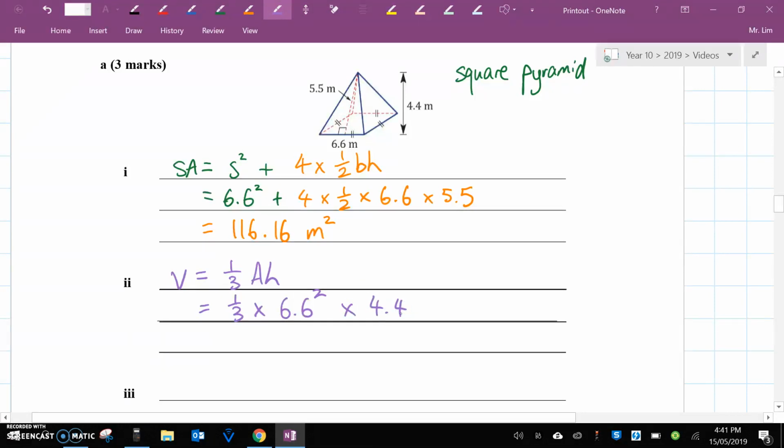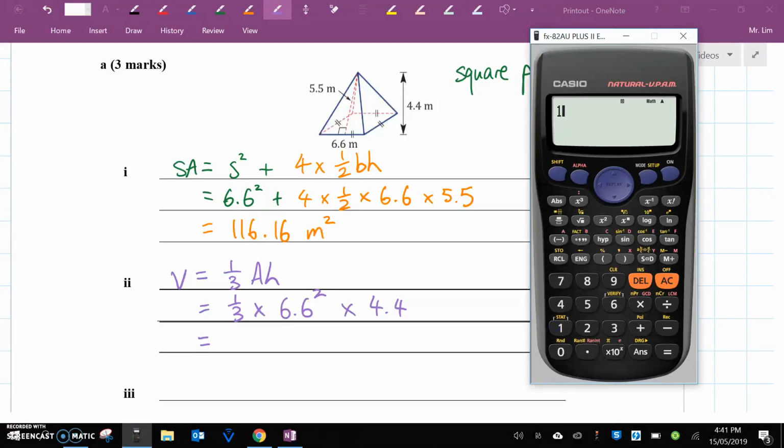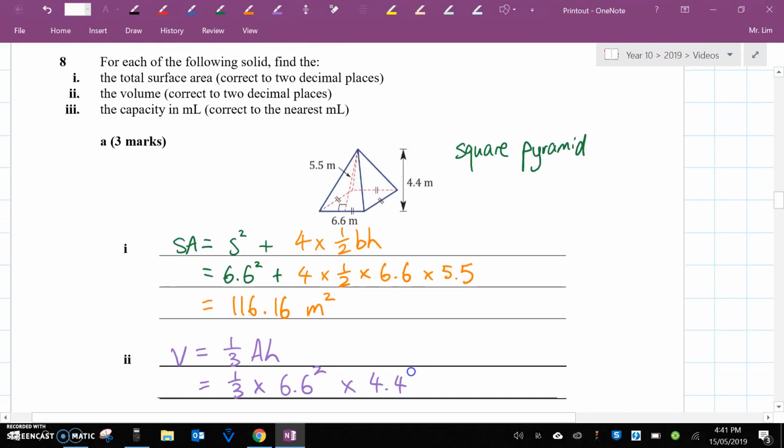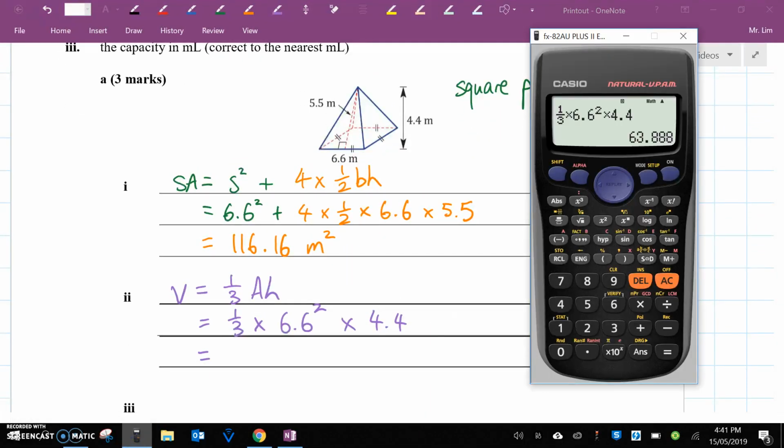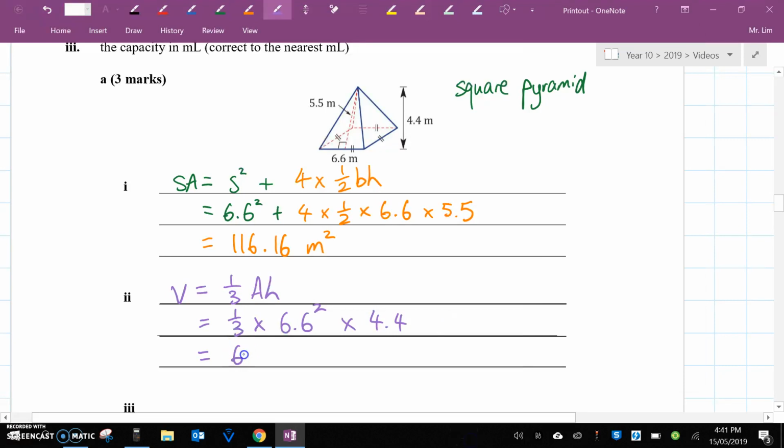Okay, the perpendicular height of the solid is 4.4. So now we can put that into the calculator. 1/3 times 6.6 squared times 4.4 is 63.888. It wants us to do it to 2 decimal places. So 63.89 meters cubed.